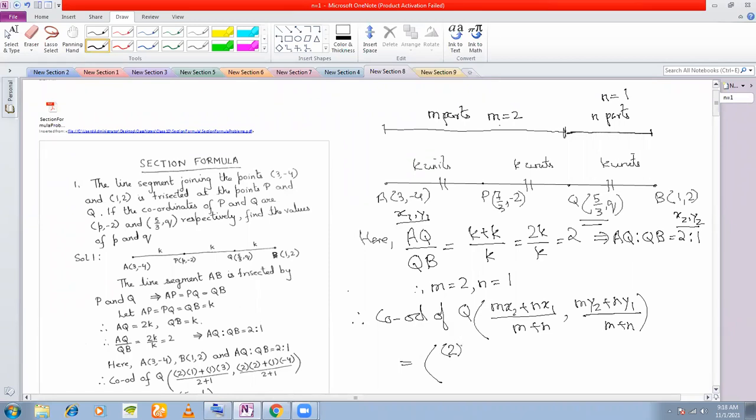X2 here is 1. N is 1. X1 here is 3. Divided by M plus N, 2 plus 1. Next, M, Y2 here is 2 plus N, Y1. Y1 here is minus 4 divided by 2 plus 1. I will simplify this.